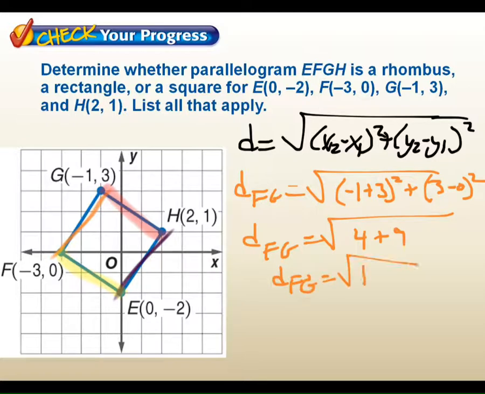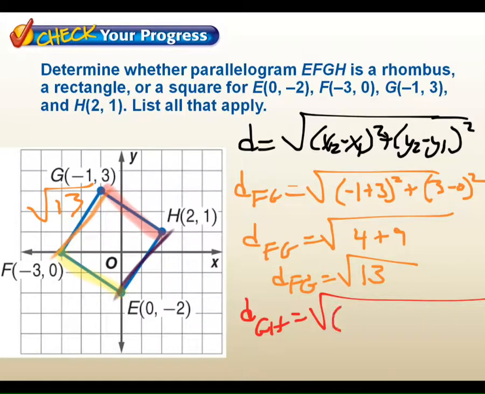The distance of FG would be square root of 13, right? So I would find that's the square root of 13, and then I would check what is the distance of GH. I would take the second x coordinate minus the first, plus the second y coordinate minus the first.